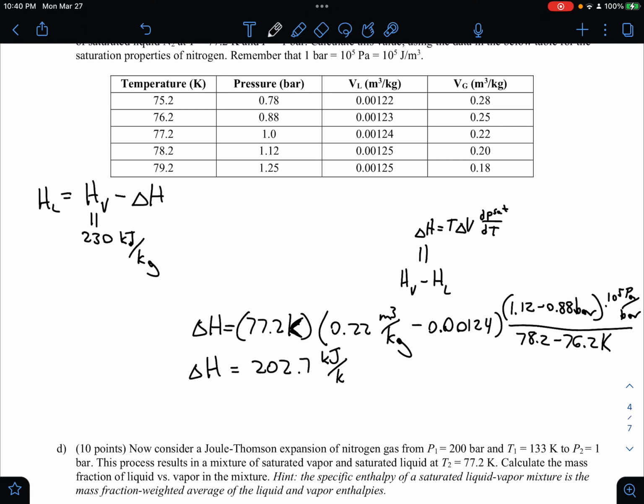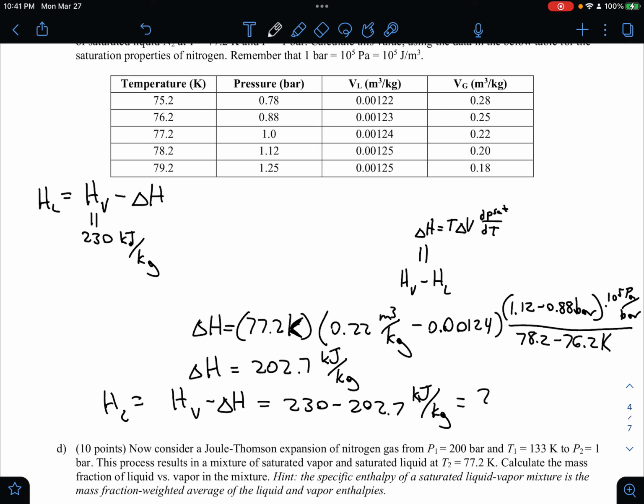delta H equals 202.7 kilojoules per kilogram. And then you can say H liquid equals H of the vapor minus delta H of the phase transition. Oops, sorry, I shouldn't say delta H of the vapor. I should just say H vapor, which is going to equal 230 minus 202.7 kilojoules per kilogram.